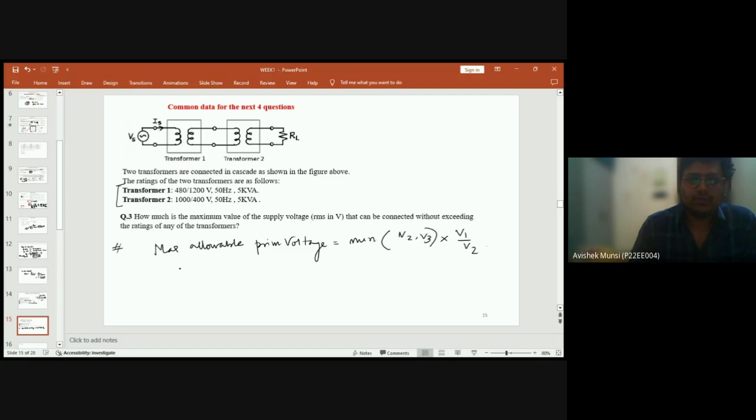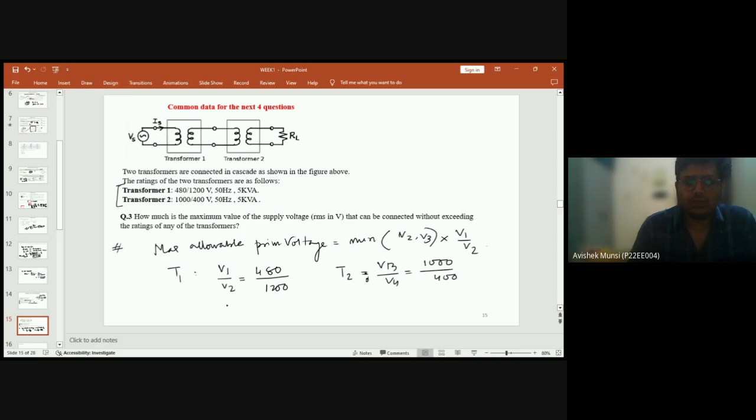So here we have transformer 1 with V1 by V2 as 480 by 1200, and transformer 2 has V3 by V4 as 1000 by 400.